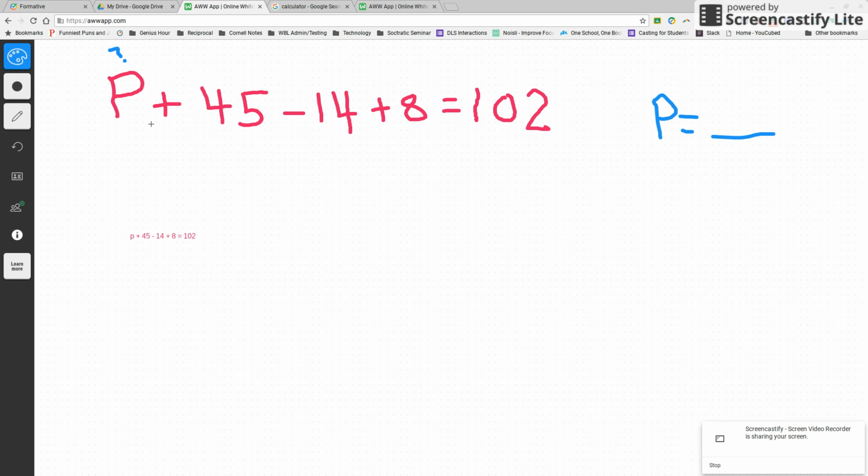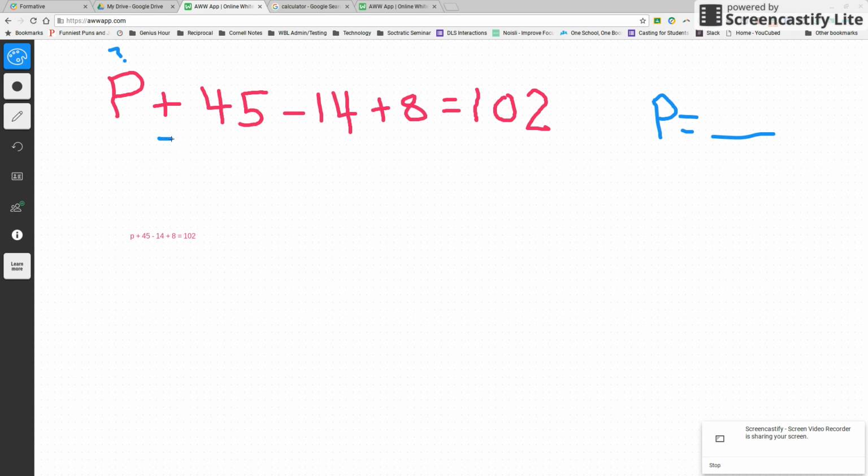So what we're doing is we're shifting things from one side to another. And how we shift them is we do the opposite. So if I look here, I see that I have P, I have this number 45, I have 14, and I have 8. These are all the different things, and I have 102 over here. Those are all the numbers we're working with. So let's get to work. First thing I want to do is to move this 45 to the other side. Well, in this side of the equation, we're adding 45.